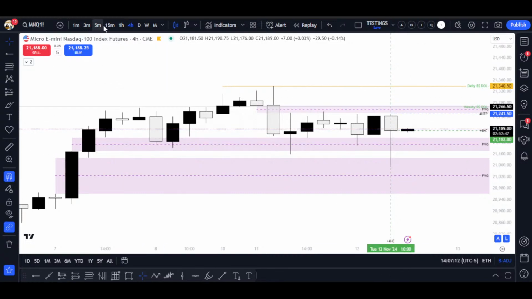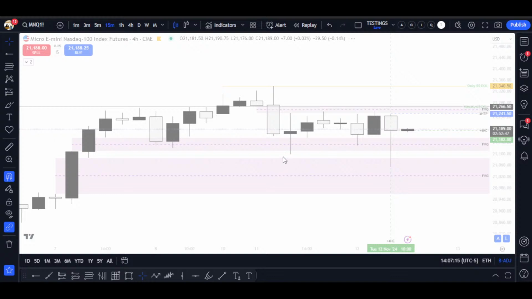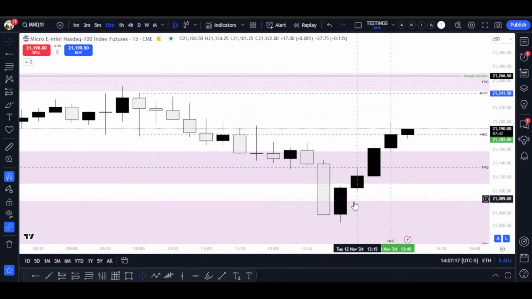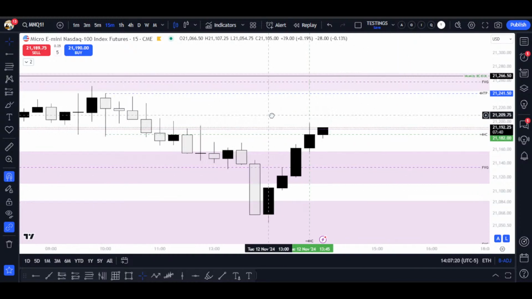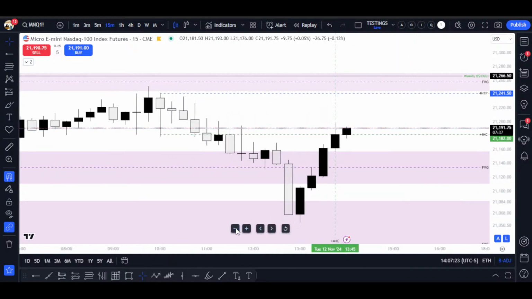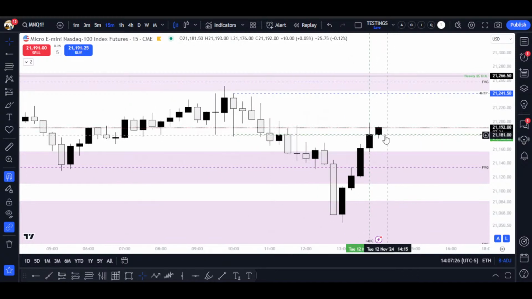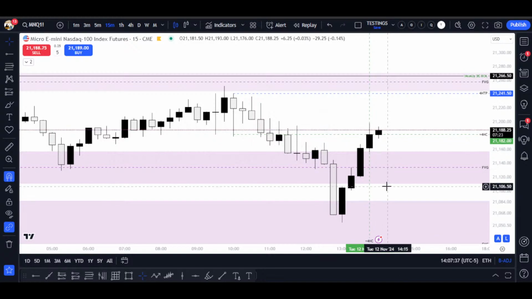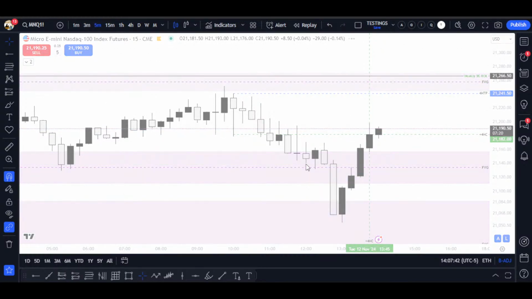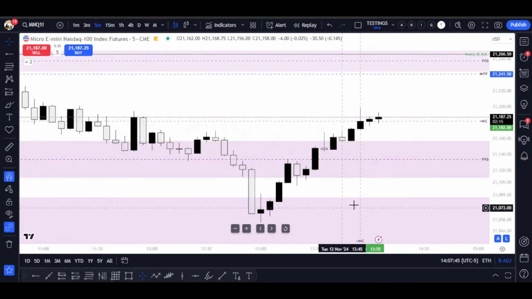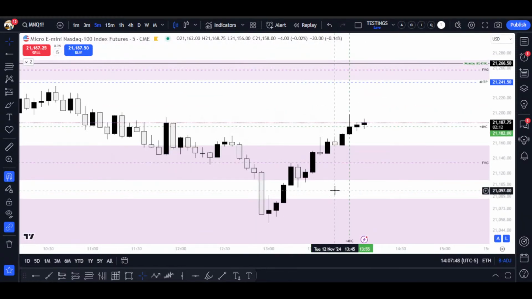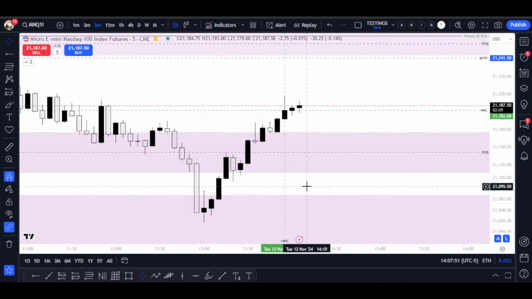So I'm looking for price to head higher, and I'm looking for basically a breaker block or a change in the state of delivery to take place between 1:59 and 6 p.m. So could be here forever, but that is just how it goes. So maybe I'll come here on the 5 minute and look for a breaker.